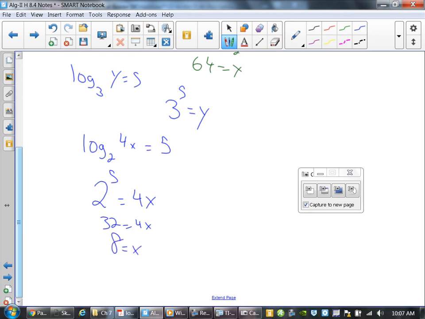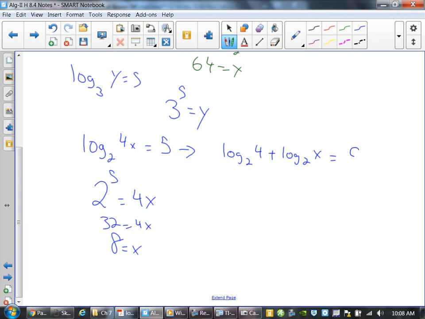Since 4 is a power of 2, there are properties that you can use, eventually. Because this is log base 2 of 2 squared, so this becomes 2.